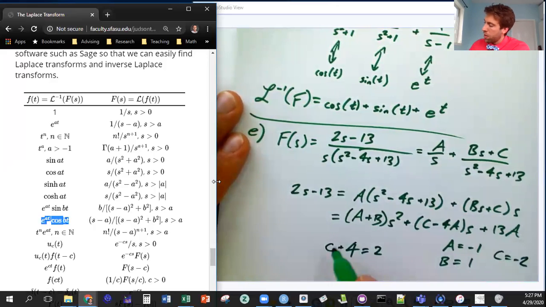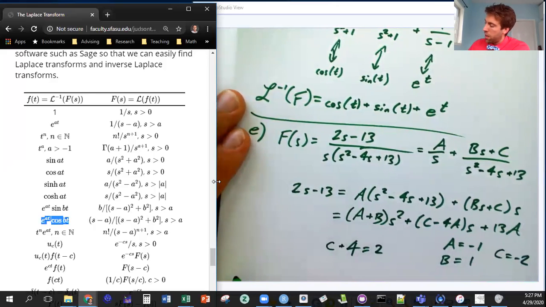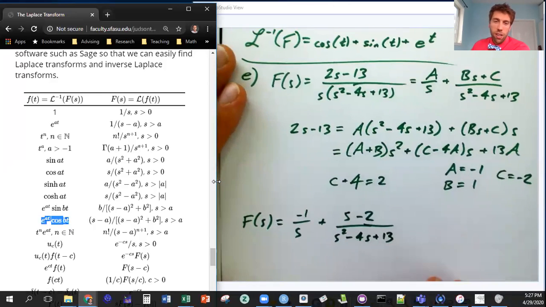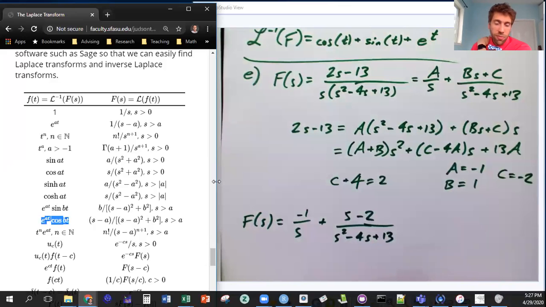Okay, so then F of s equals, A is negative 1, so negative 1 over s, plus B is 1, s, and C is negative 2, so s minus 2 over s squared minus 4s plus 13. Now, this guy doesn't look anything like my table, does it?